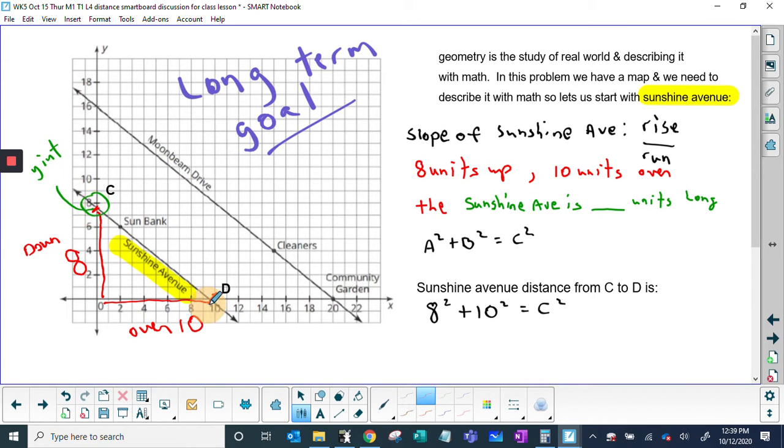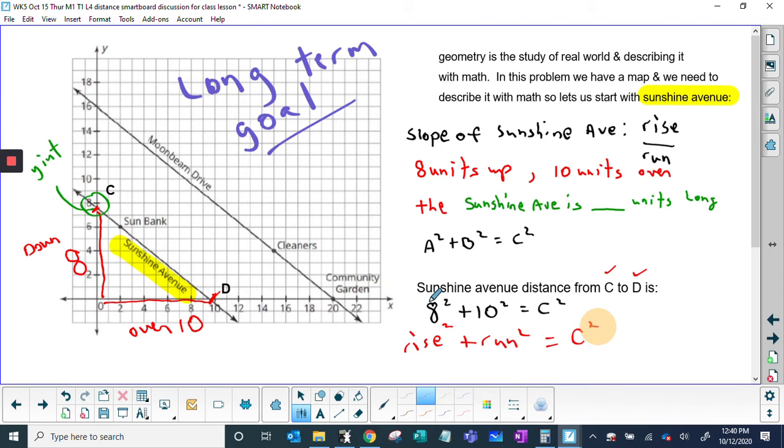Well, it turns out that Sunshine Avenue, the distance from point C to D, can be calculated by the rise squared and the run squared. And there was a famous man named Pythagoras who figured this out over 2,000 years ago.